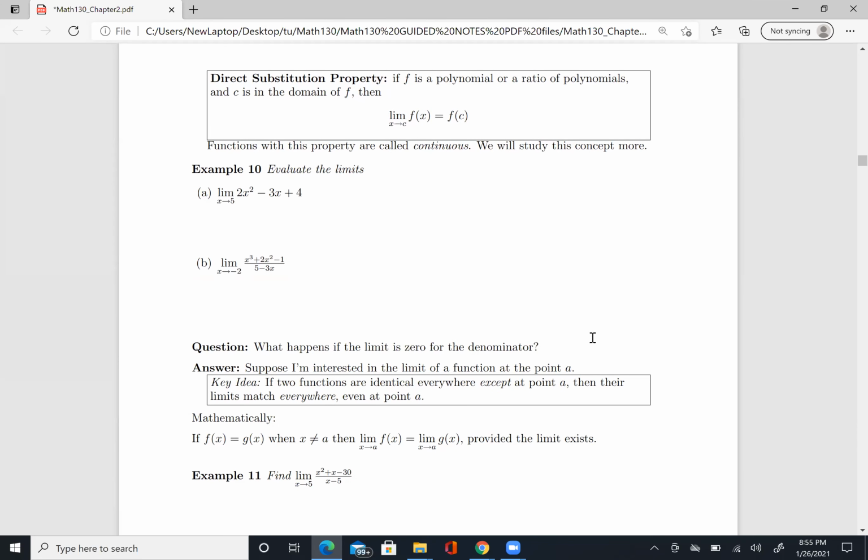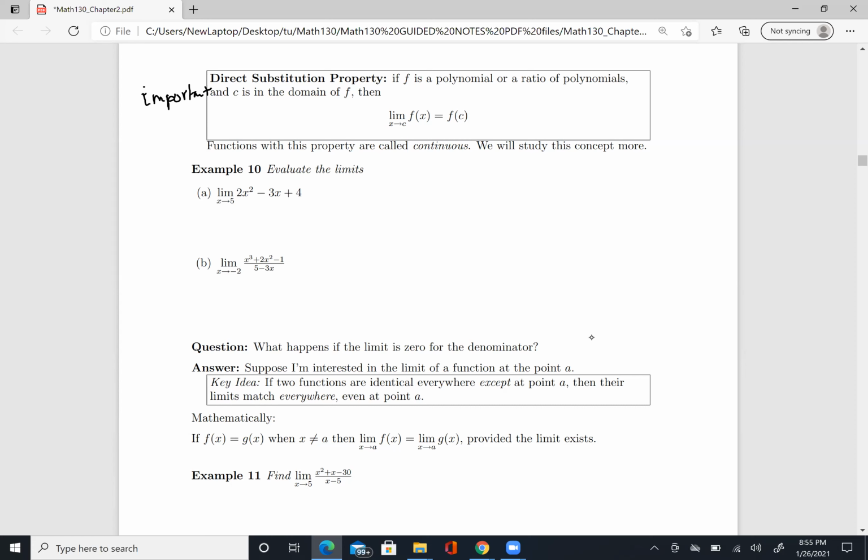So here we have the direct substitution property, which is very important. This property helps you find the limits easily later.